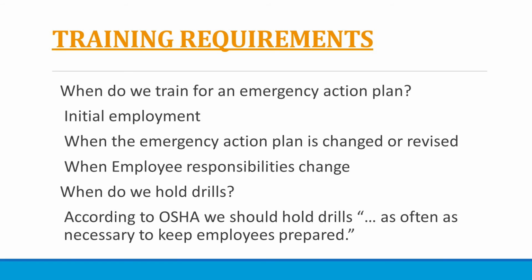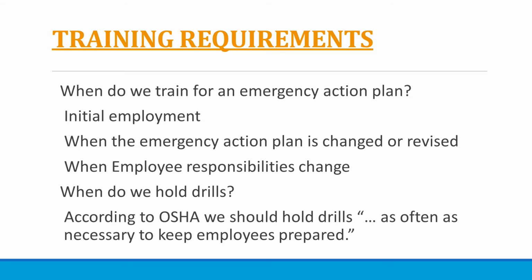Training requirements. We train when we're employed initially, when emergency action plans are changed or revised, when employee responsibilities change, and when we hold drills. We learn what we need to do. We develop muscle memory. We have a mental idea of what's important to be done and in what order it's to be done.